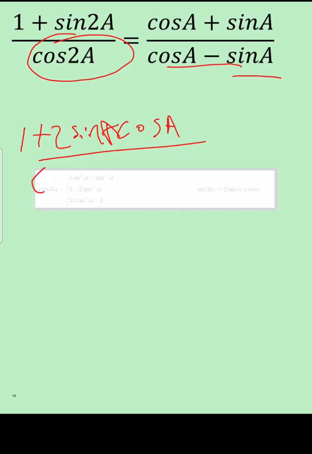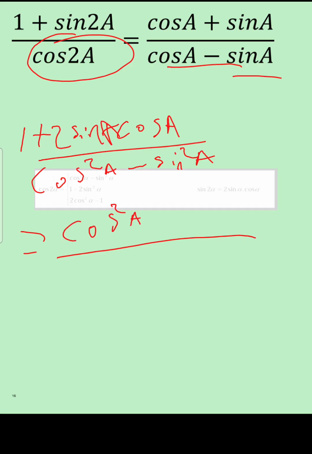So I write it as cos squared a minus sine squared a. Now the one, I change it into cos squared a plus 2 sine a cos a plus sine squared a.